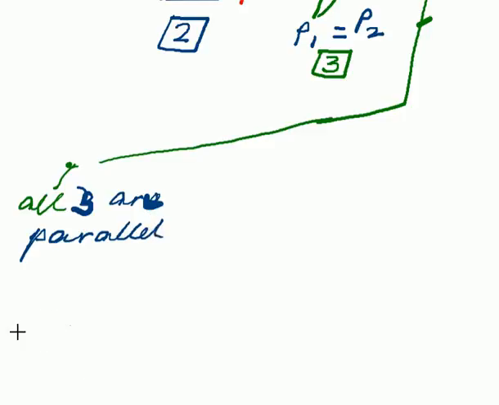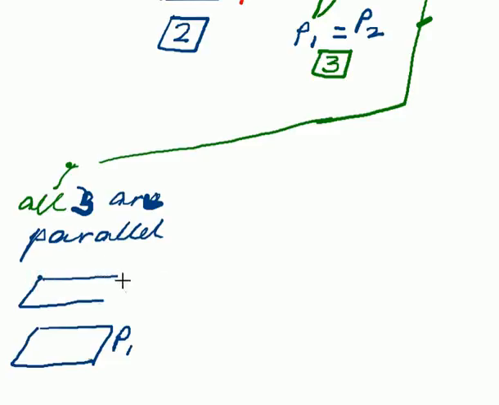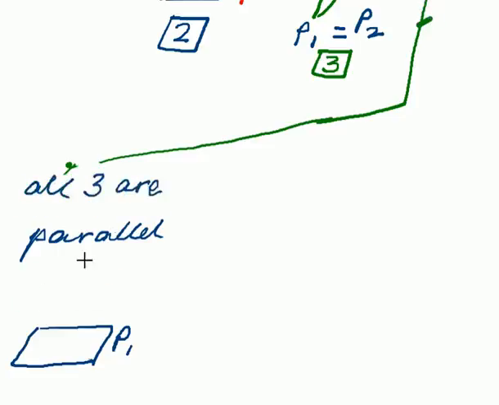If all three are parallel, it will be like this: P1, P2 and P3.